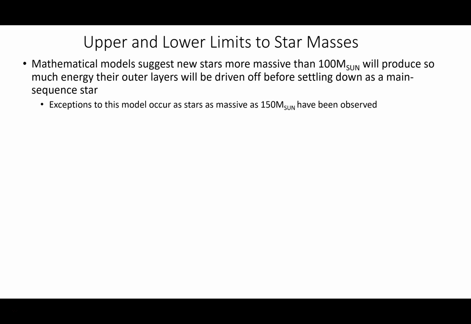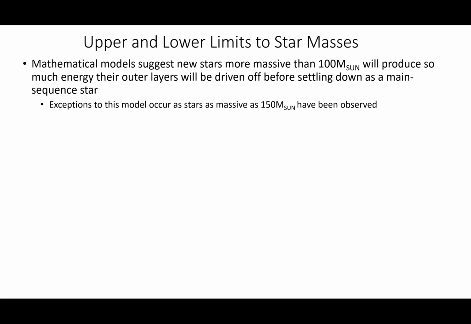There is a limit. So the high masses are about 150. Sometimes I say 100 solar masses. Remember, solar masses would be M subscript SUN, the mass of our sun, 100 times, or 150. Somewhere in there is the upper limit to the mass of a star.